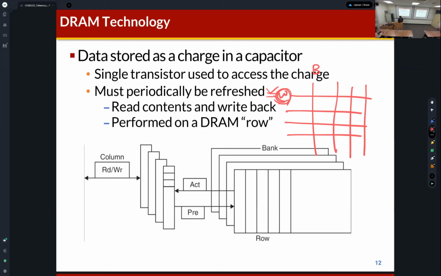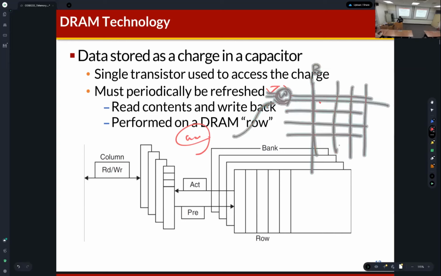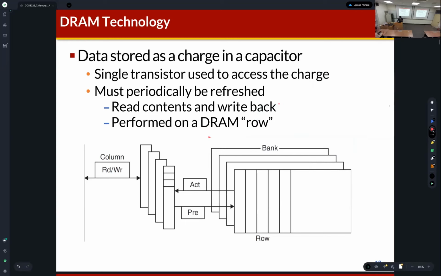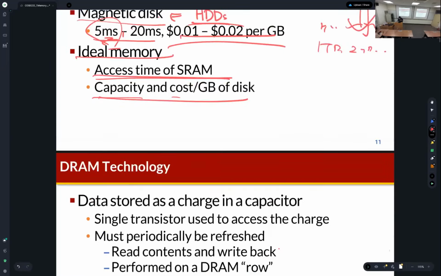So the address is given to a DRAM or a memory, then the memory decodes this address and activates the target word line. And then if a certain word line is activated, we can read the stored data via bit lines.